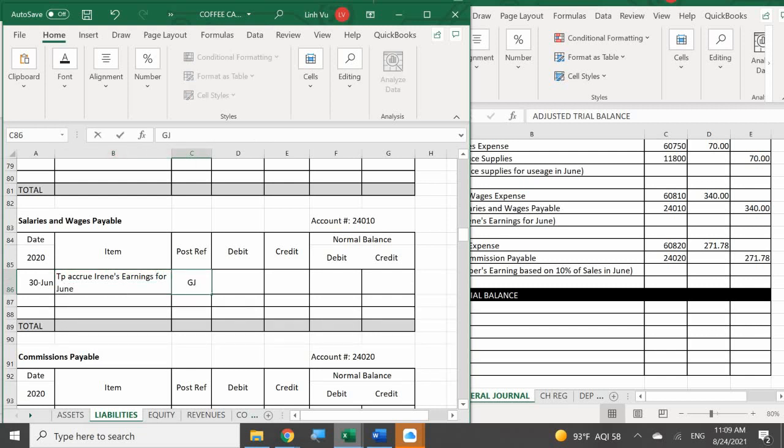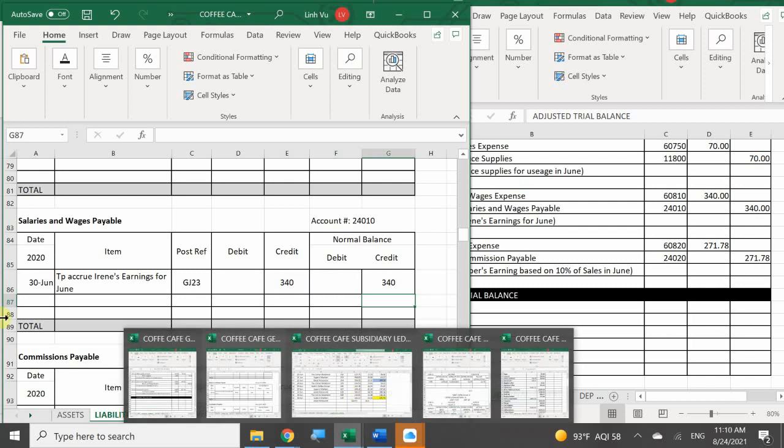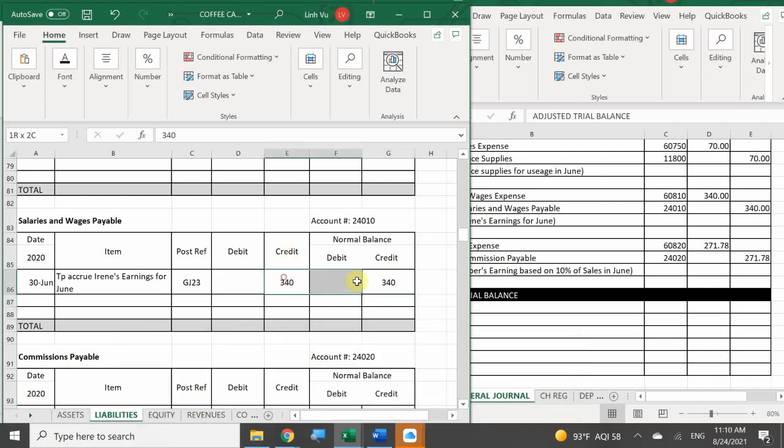General Journal 23. For a credit because now the company owes Irene $340. I keep saying I owe, but the company now owes Irene $340.